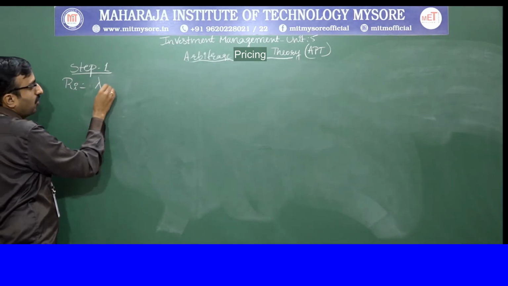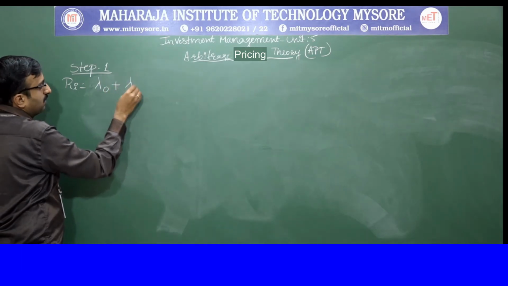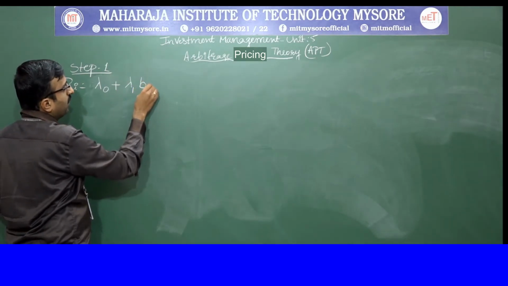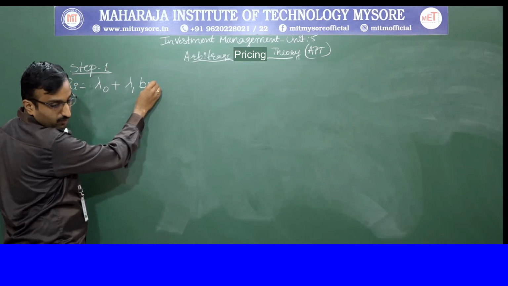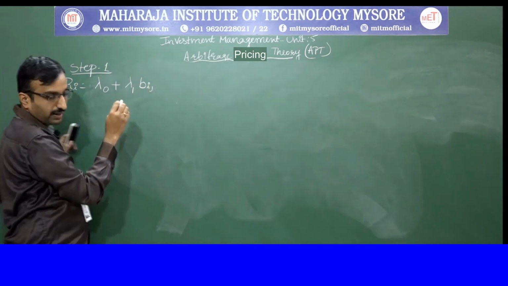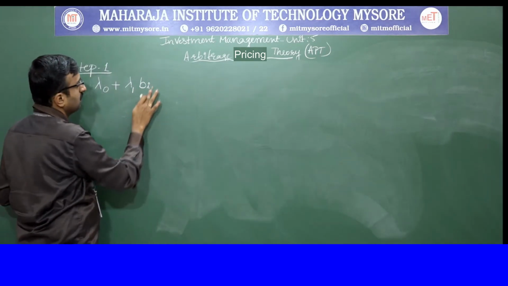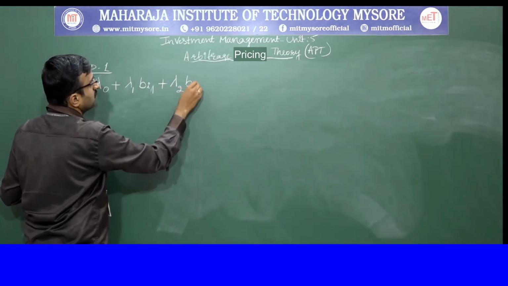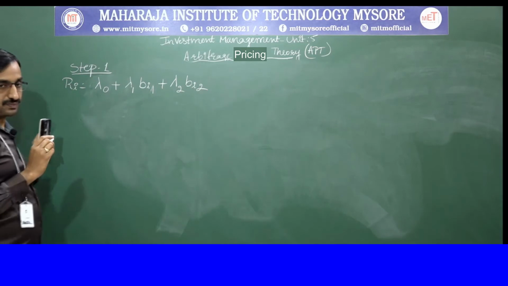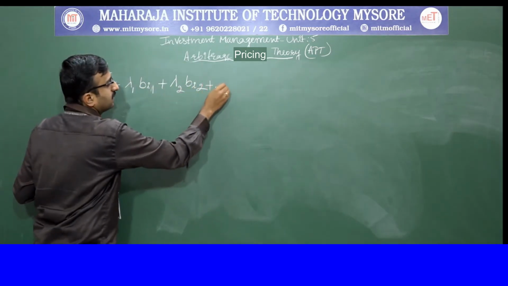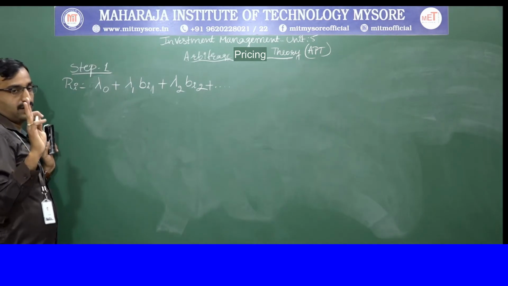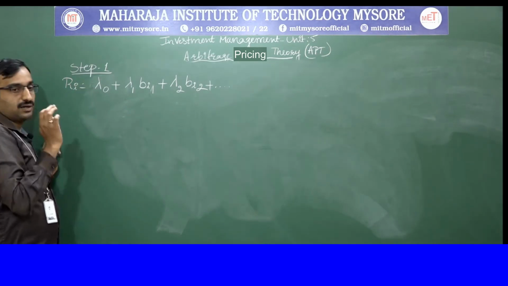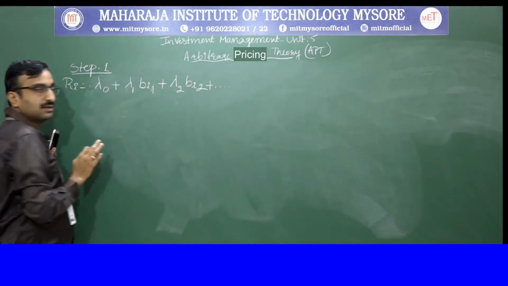So, lambda naught plus lambda 1 into Bi1, they have given in the problem, that is B1, plus lambda 2 into Bi2. Or if you have continuation, you can take it. Here we have only 3 securities x, y, z, and x includes Ri, beta 1 and beta 2. If you have 3, 4, 5, 6, you can consider that also.